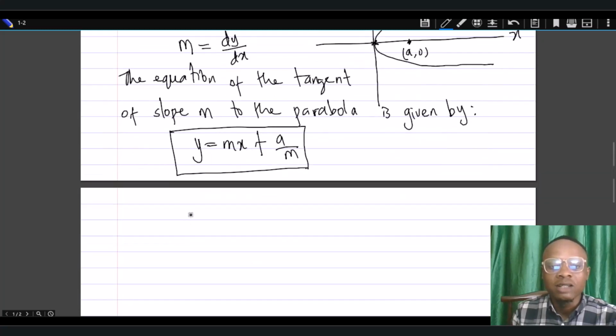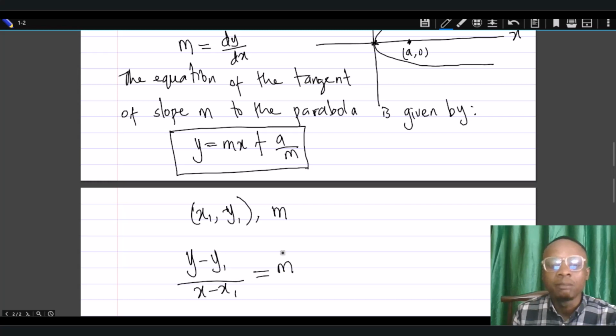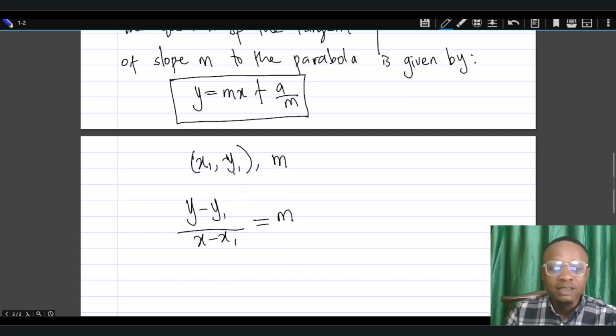We know that the equation of a straight line, when we have a given point on the line, let's say the point (x1, y1), and we know the slope of the line to be m, is given by (y minus y1) divided by (x minus x1) equals m, because the slope of the line is the change in y over the change in x.